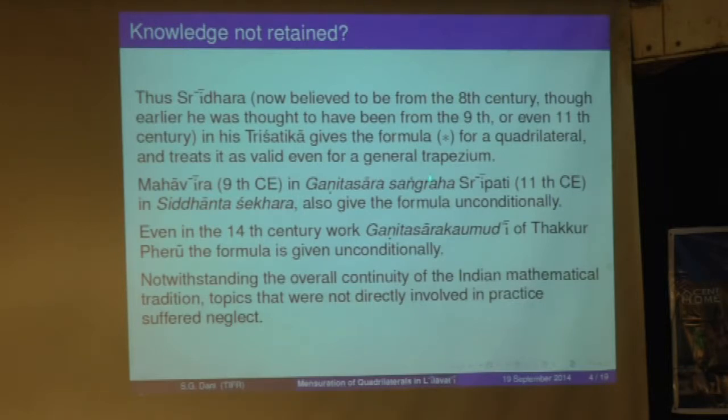Mahavira does not give examples with quadrilaterals. The examples are restricted to triangles, in which case the formula is true anyway. But in any case, the formula is stated unconditionally, so there is no cyclicity implied.